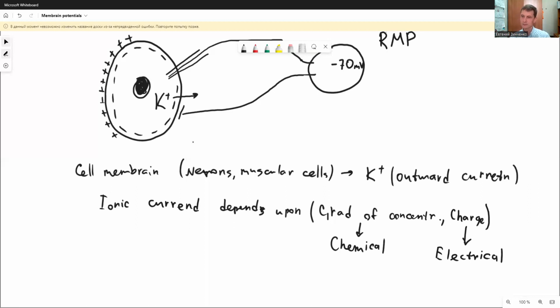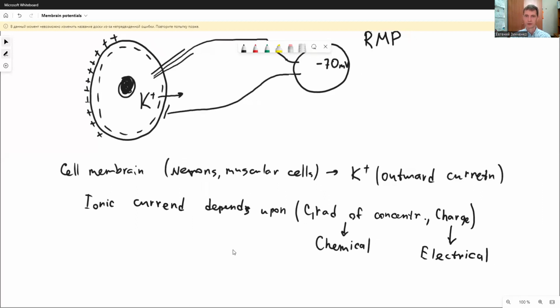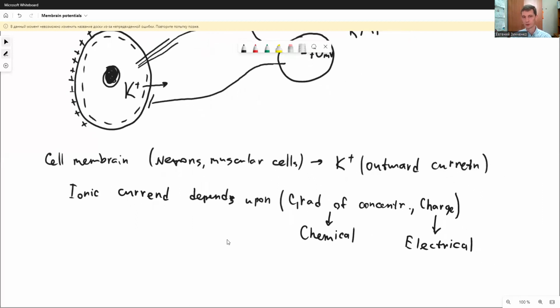That's why these two forces influence this ion in the resting period and achieve some steady state, and in this steady state we can see some value of the membrane potential. This value we will call the equilibrium potential for a specific ion, in this case for K+.